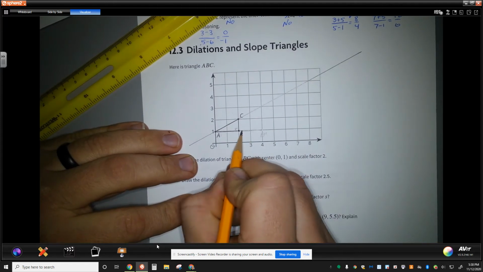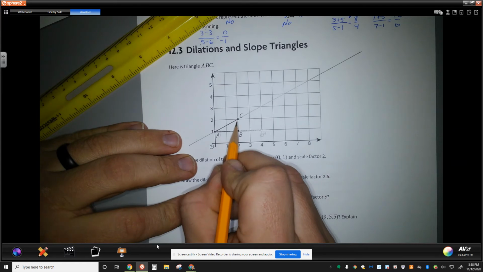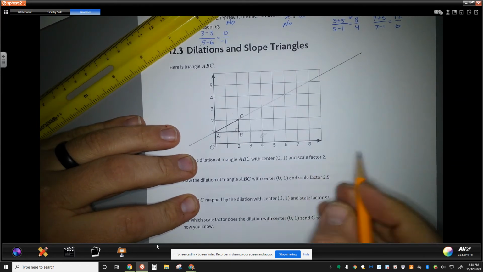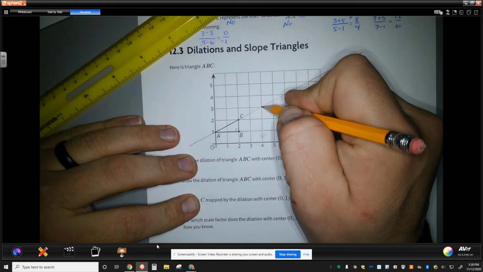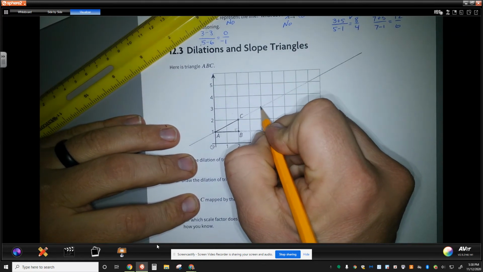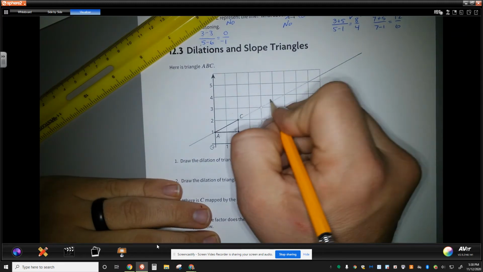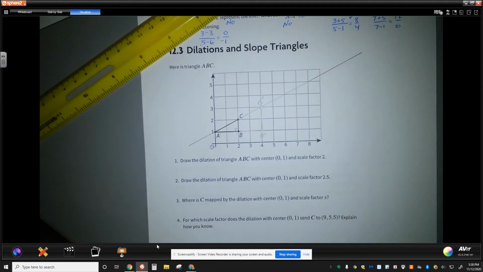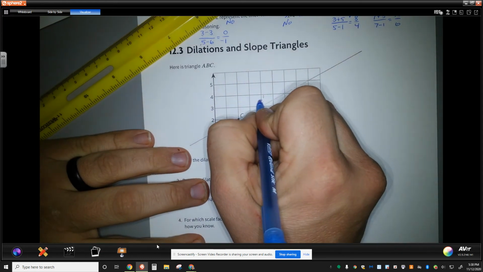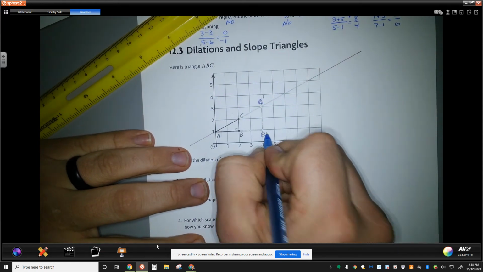So out to here. We also know the vertical side right here is 1 unit tall. Doubling that, with the scale factor of 2, would make that 2 units tall. And what we notice here is that we're right back to that line that we drew earlier, I'm going to call that one C prime. Those are really hard to see, so let's do this and hope that I don't make mistakes with my pen.